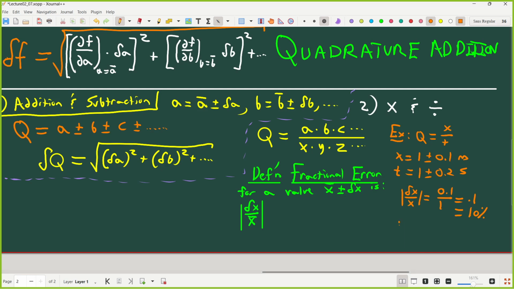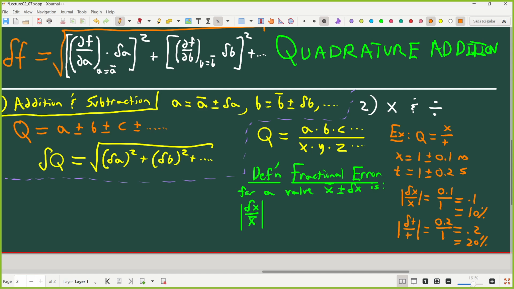And just like with t, we have 0.2 over 1, and that's 0.2, which is 20% error. Notice that I've gotten rid of the units. Delta x and x have the same units, so when I divide them, those units go away. So fractional error is a way for us to objectively compare two different observed values and see which one's more precise or not, the contribution of its error.